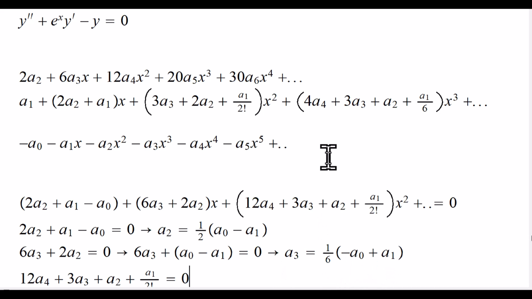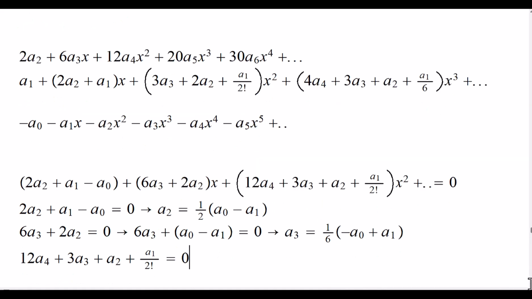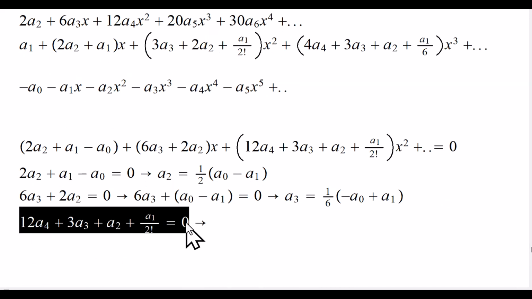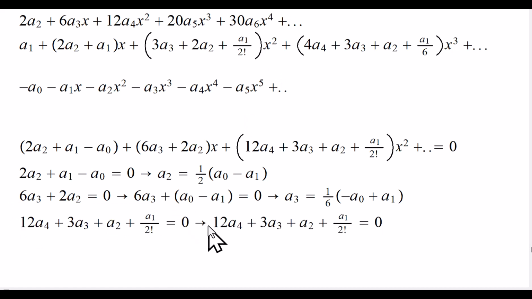And now let's come to a4 to handle that, okay? So for this, we are just doing simple substitutions, okay? So we have 3a3 here. So let's substitute a3. So 3 over 6 will be what? 1/2.